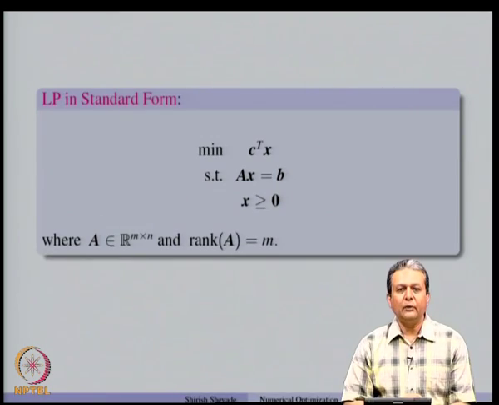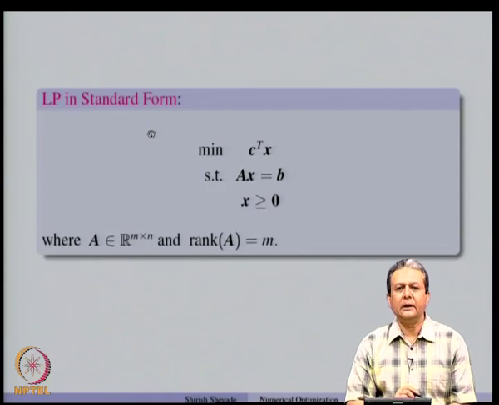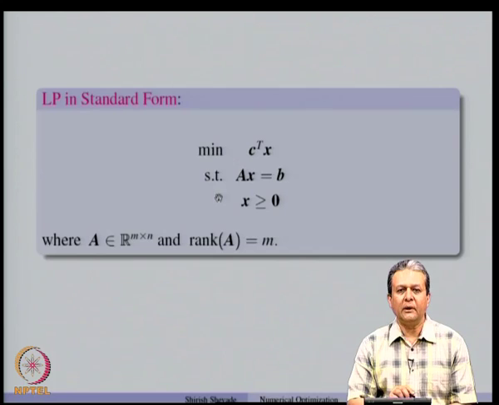Now, before we go into the details, let us look at the linear program in standard form. Different textbooks use different notations for standard forms, but in this course, we will follow this notation, where we define the linear program in standard form as minimize c transpose x subject to Ax equal to b, x greater than or equal to 0. So, the objective function is linear.